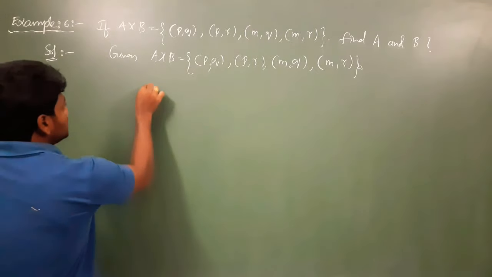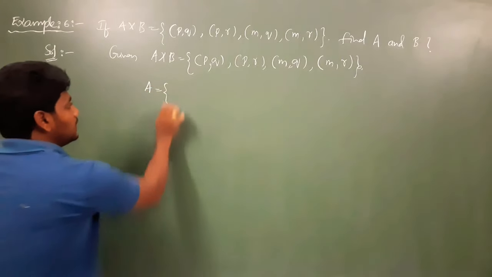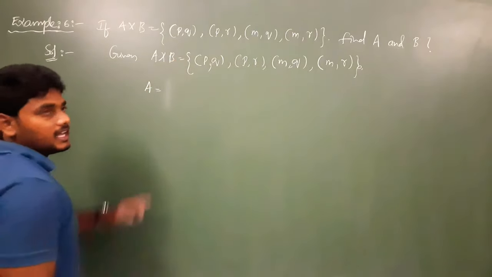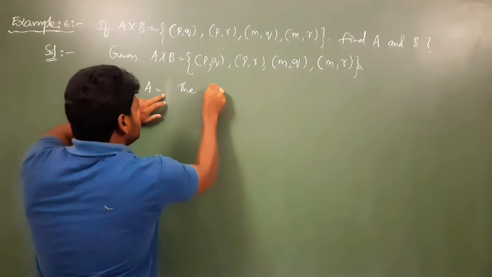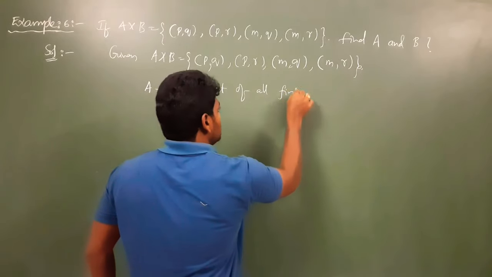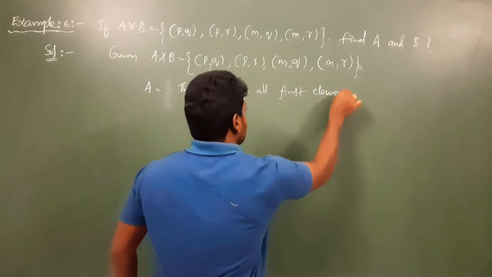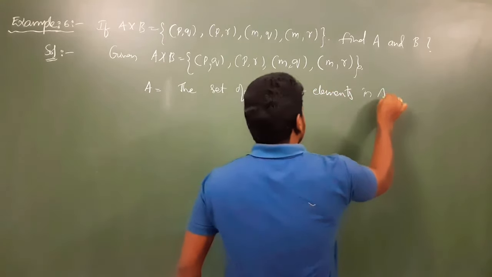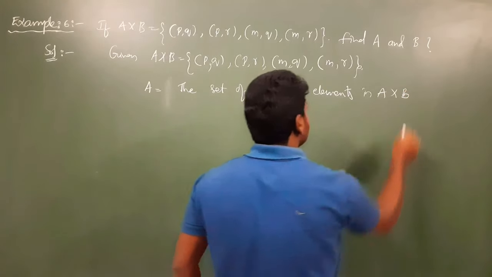From this, what is capital A? Capital A means the set of all first elements in A cross B. Right or not?